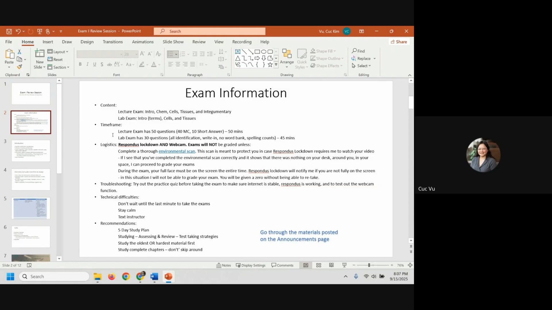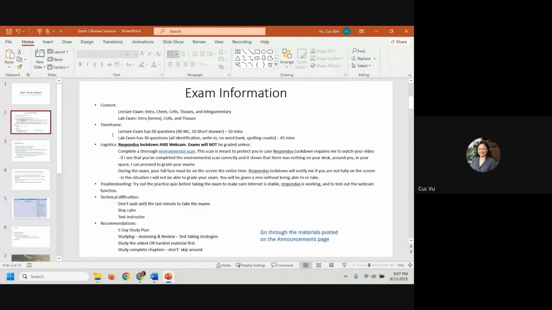So you'll see the first 8 questions within that 40 multiple choice are on the intro chapter. The next 8 questions will be on chemistry. The next 8 questions will be on cells, which means then, to be a little bit more helpful in your studying and preparing for the exam, you should study it in chapters, in blocks.